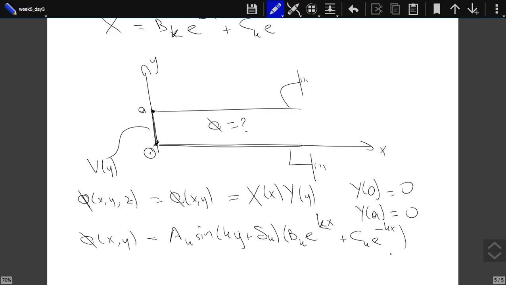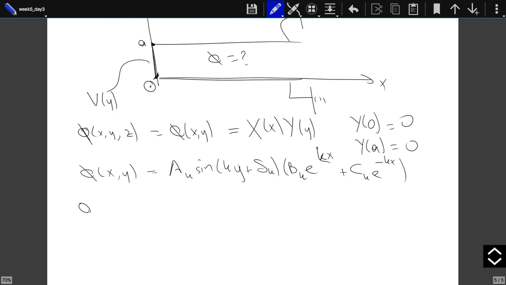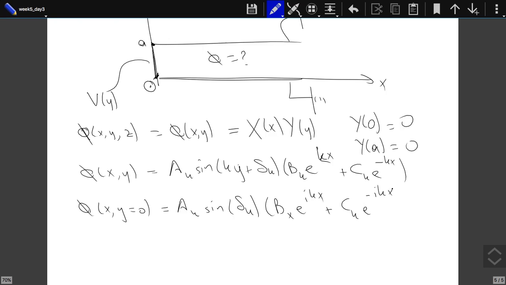At y equal to 0, it has to be 0. So phi of x, y equal to 0 is ak sine delta k times bk e to the power kx plus ck e to the power minus kx. This should be equal to 0, no matter what the value of k I choose. But this basically tells me that delta k should be 0.